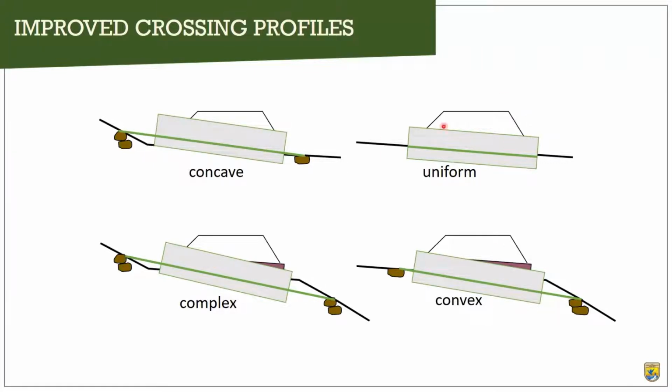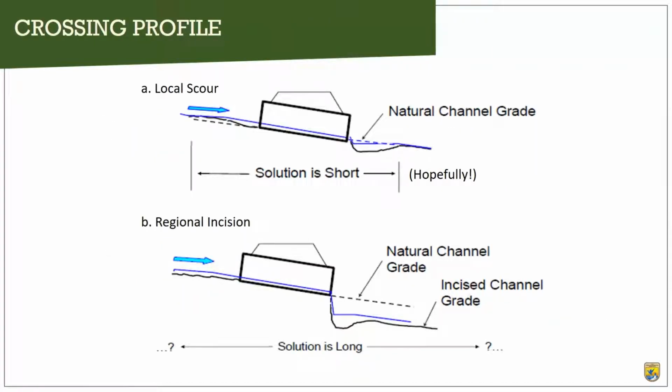And of course, a uniform slope and uniform profile makes our jobs easier. So we also need to understand if we have local scour, which may be causing degradation downstream of the culvert, or if we have regional incision, where there's something going on that the channel is incising on a larger scale.